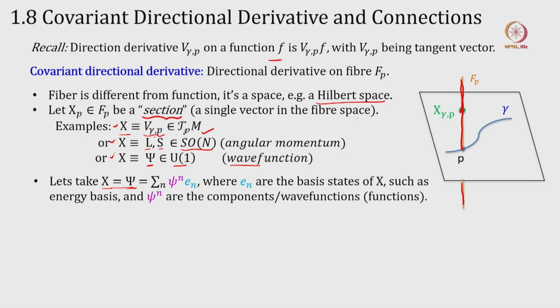What will remain the same is that a section can be expanded in basis states. For example, a vector can be defined in the frames, in the unit vectors, and angular momentum can also be expanded into Lx, Ly, Lz, and S can be defined into Sx, Sy, Sz. Any sort of vector, such as angular momentum, can be defined in whatever frames we have.